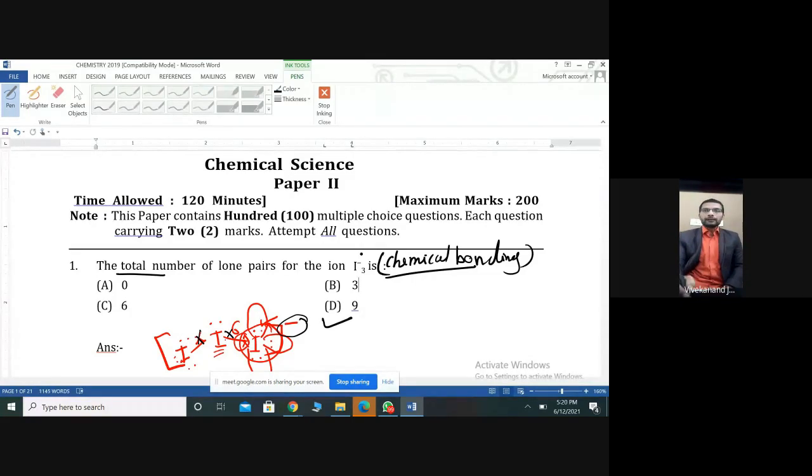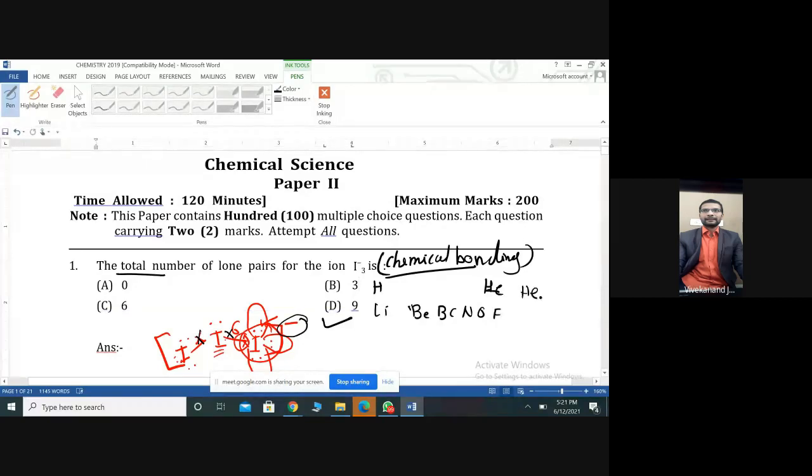Now how to solve such type of question? The simplest way is, if you know the periodic table, just like here I have hydrogen, helium, afterwards lithium, beryllium, boron, carbon, nitrogen, oxygen, fluorine.